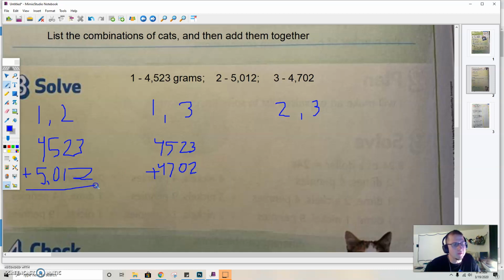Remember, the most important part about adding larger numbers like this is just making sure your place values add up. And then for cats 2 and 3, that's 5,012 and 4,702. Okay, now we've got to add all of these together.